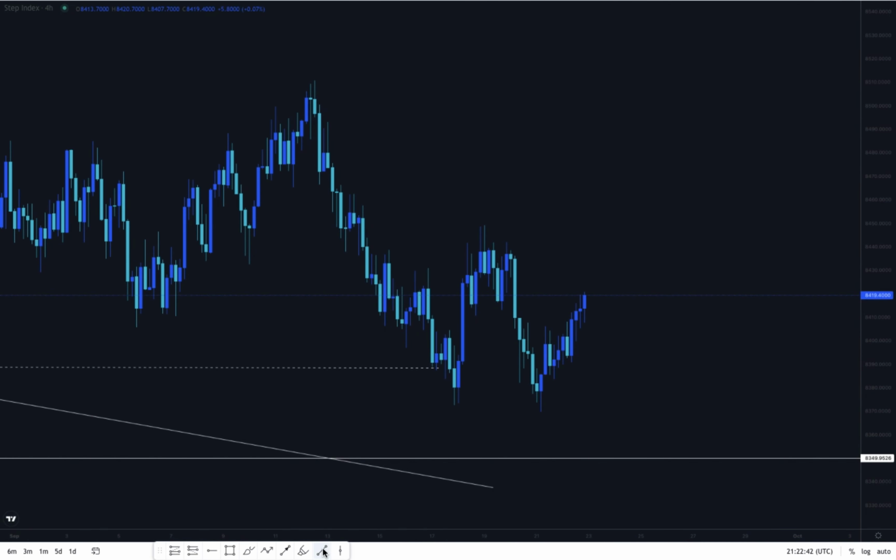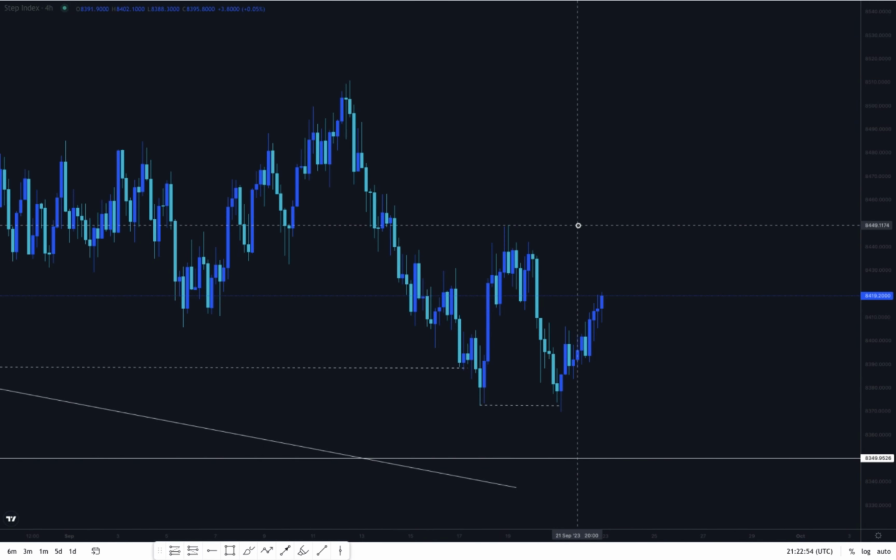So if you look at this again, it also gave us a sweep. Price came through but didn't close below, it closed above. So this is a sweep. This is another reason for us to significantly beat our chest that Step Index has to give us that push to the upside. So for this time frame, if you are to look for the buys, because I know there are more opportunities that will happen, those of you that understand the entries, you know what I'm talking about.